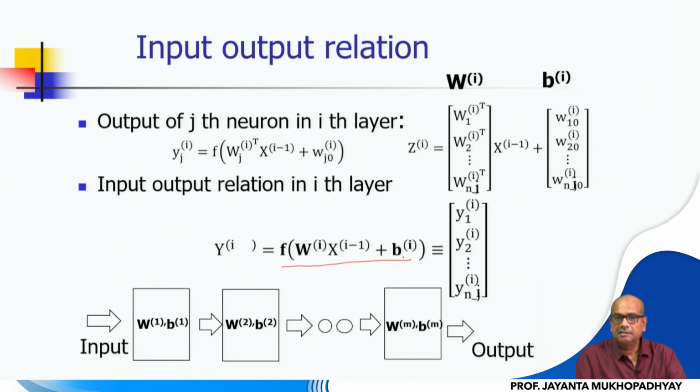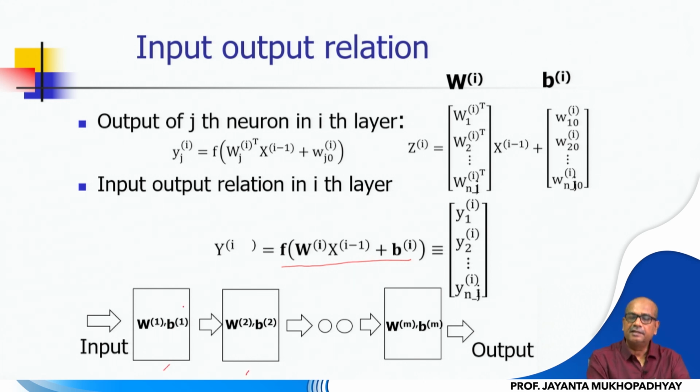This is the processing at the ith layer from the output of the i-1th layer. And in abstract form, if I represent this processing as a pipeline, it shows that there are several layers.